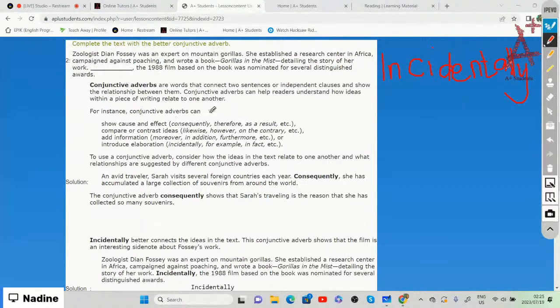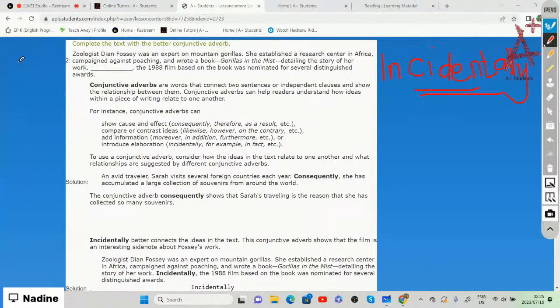So, incidentally, better connects the idea of the text, and the conjunctive adverb is incidentally. It shows that the film is an interesting side note about her work, right? Because she has a book, Gorillas in the Mist, which details a story of her work.